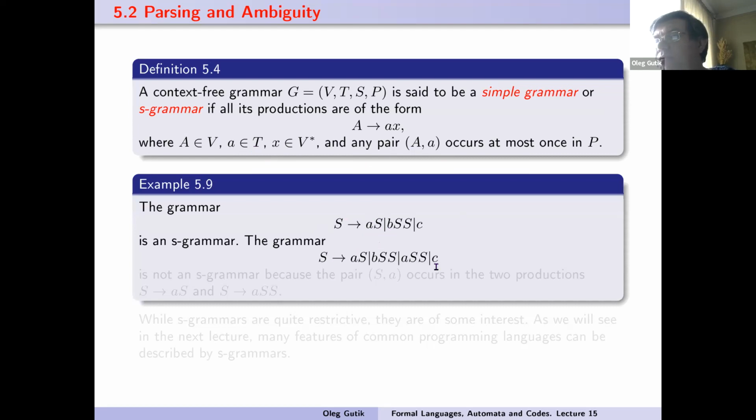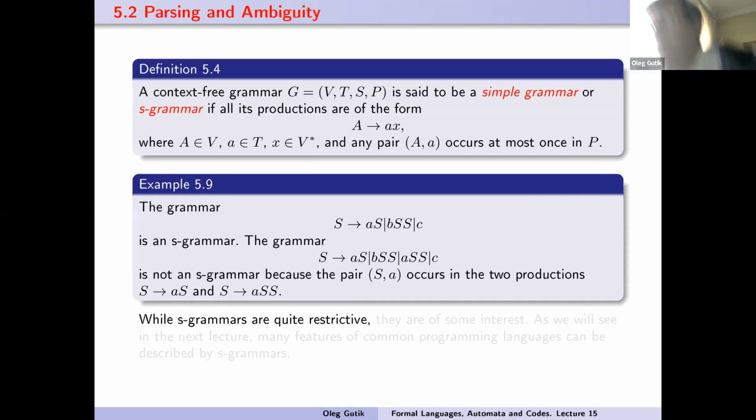The following grammar is not a simple grammar because the pair (S, a) occurs in the two productions S → aS and S → aSS.